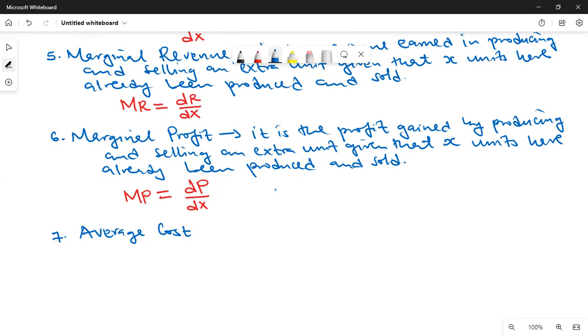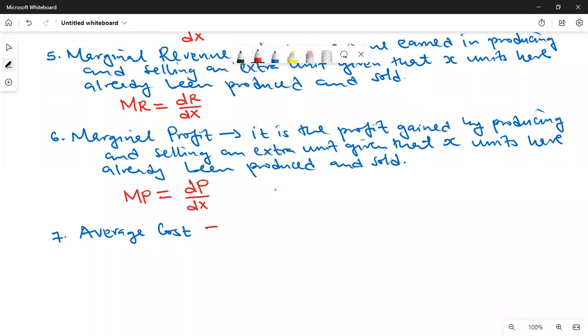Let me explain that in a better way. You have produced 10 units of a commodity. Maybe the amount that you incurred in producing the first unit is different from the amount incurred in producing the second unit, etc. Now you want to see on average, I have produced 10 units. How much have I incurred on average? So you're going to add all the amounts that you incurred in producing each unit, then you divide by the number of units. That will give you the average cost.